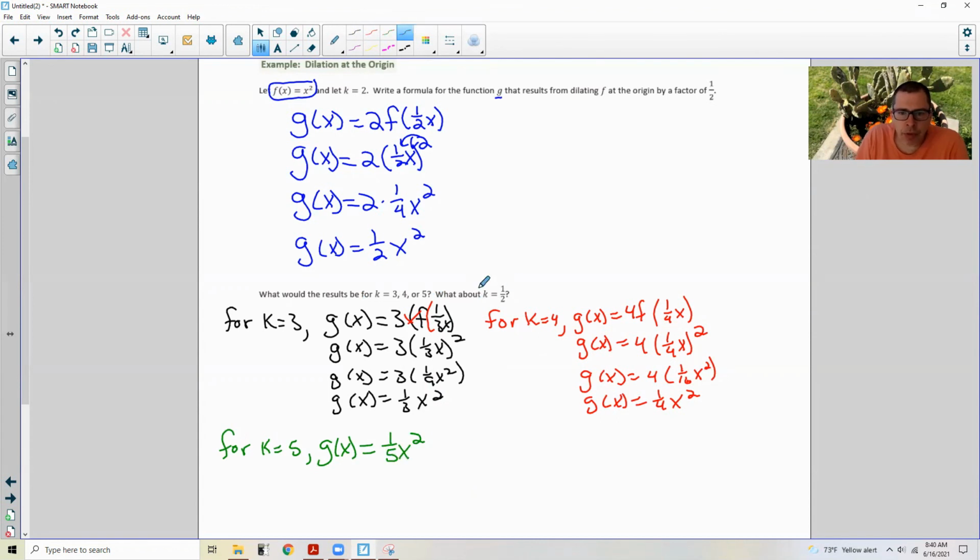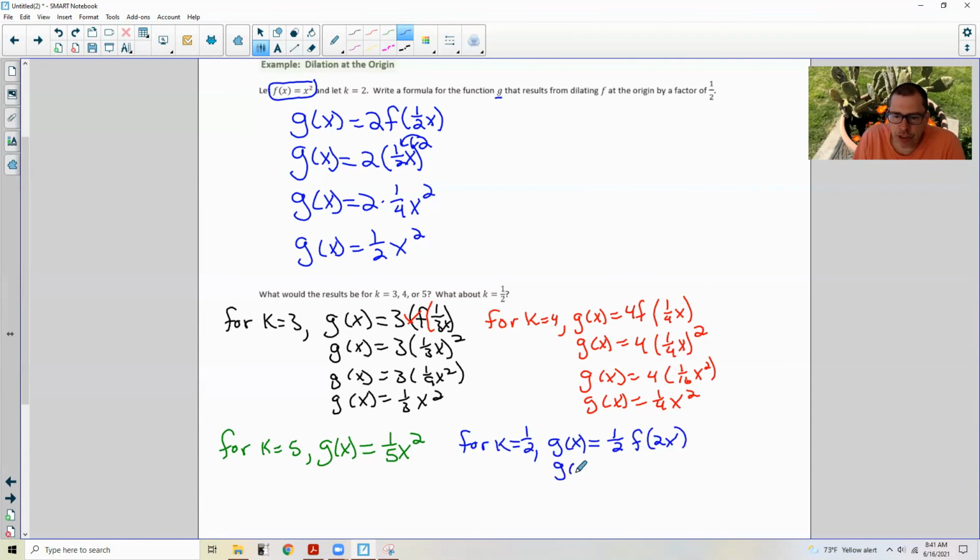Okay, but then it says, but what about k equals 1/2? So for k equals 1/2, then we would get g of x equals 1/2 f of 2x, because 1 divided by 1/2 is 2, so that'd be 2x.